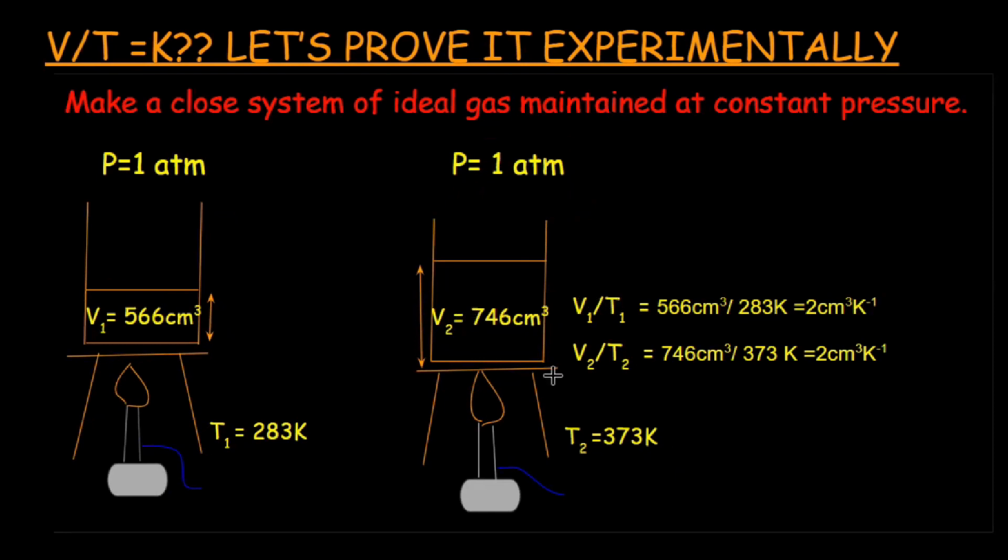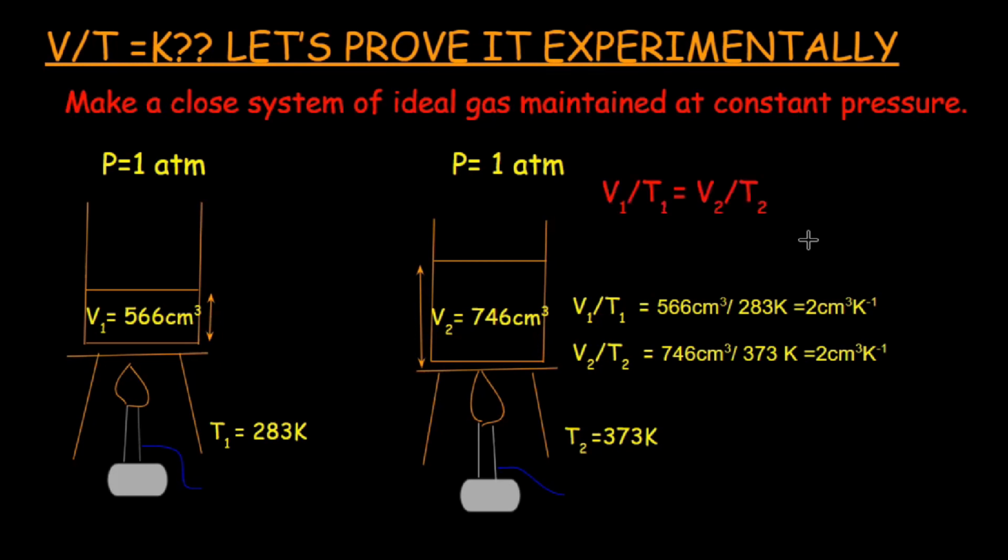Now put the value of V2 and T2 in the same equation. You will again find an answer of 2 cm³ per Kelvin, which means by increasing the temperature, volume has increased, but the V/T factor remains constant, which is according to Charles' law. And we can say V1/T1 = V2/T2.